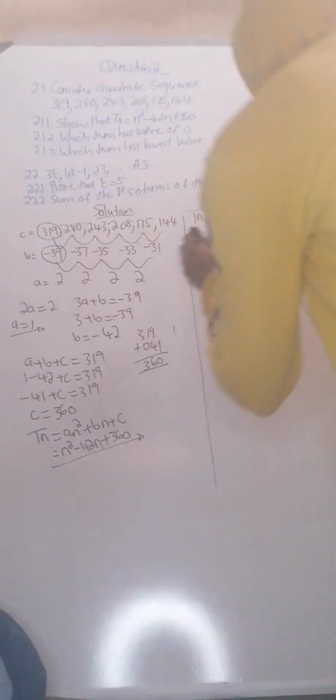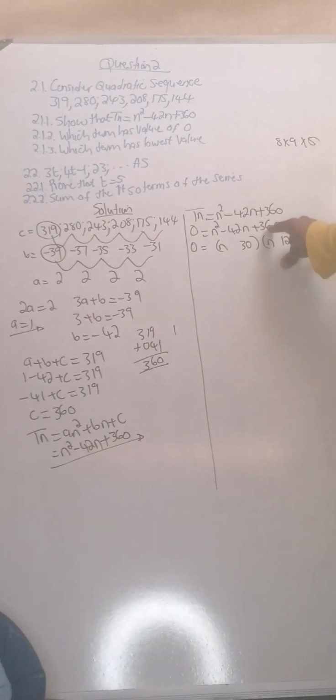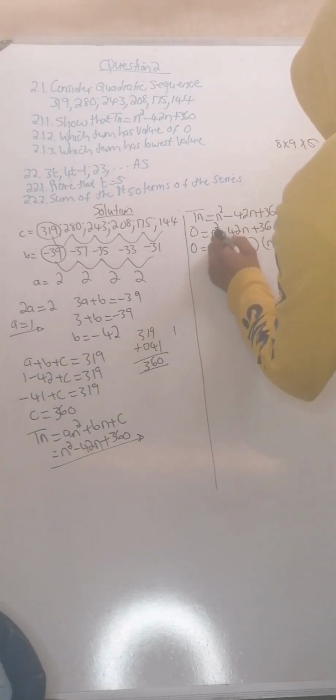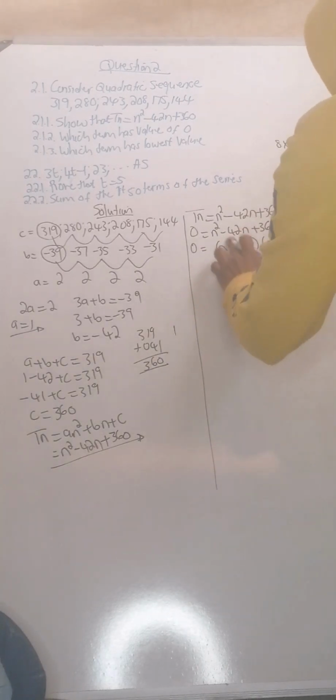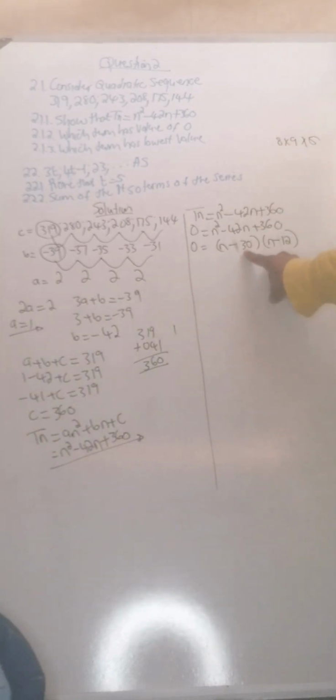You get 30 and 12. So 30 times 12 is 360 and 30 plus 12 is 42. They both need to be negative, because negative 30 times negative 12 is positive 360, and minus 30 minus 12 is minus 42.